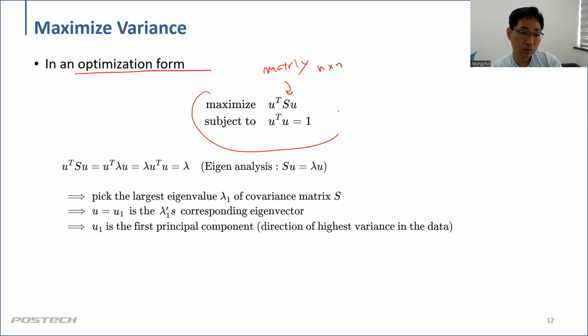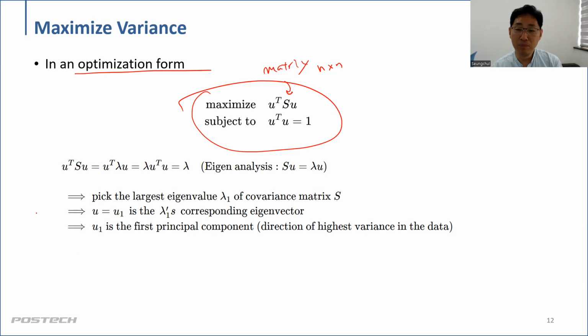I'm pretty sure that if this is the first time you see this kind of thing, it's extremely difficult to think about how to find the solutions for this kind of optimization problem.